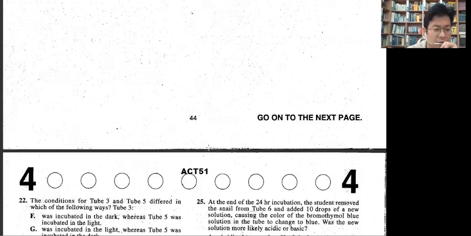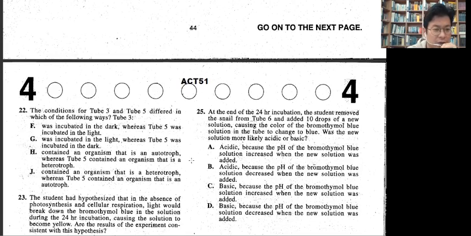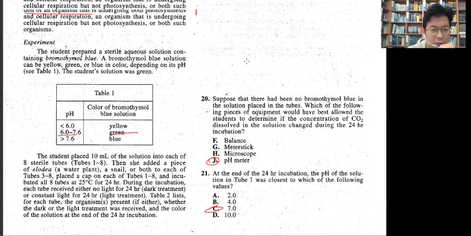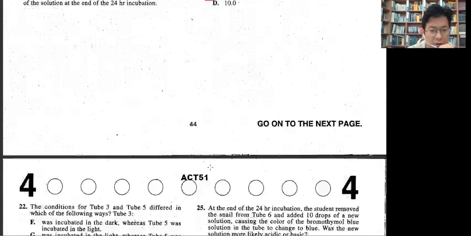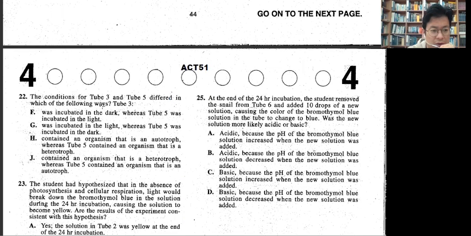Okay. Snail, dark, so tube 3 is dark. This is wrong, wrong.